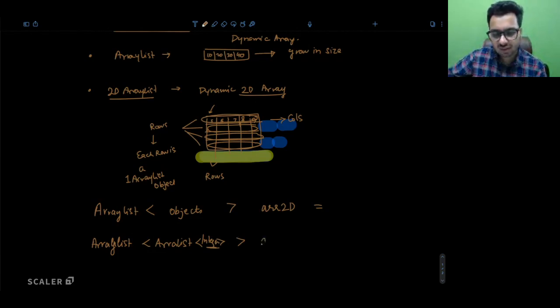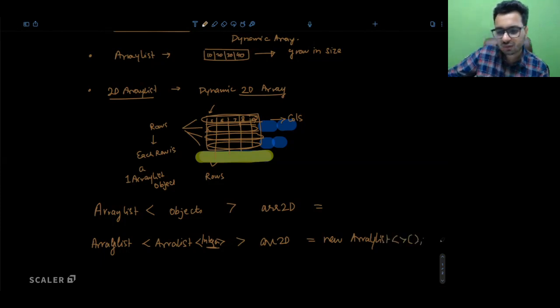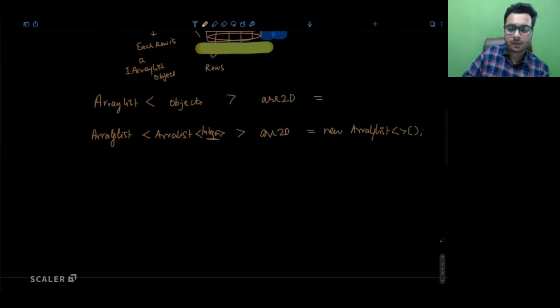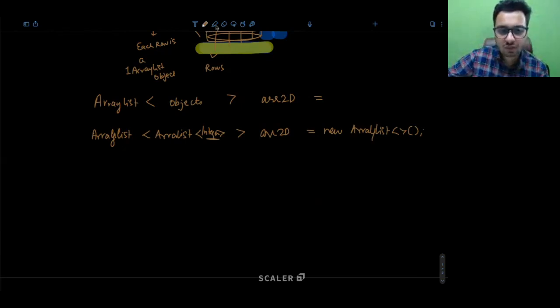I call this array 2D, and I say okay, I want a new array list to be created. So this is how you will create a new array list, right? Right now we have not specified the initial capacity.